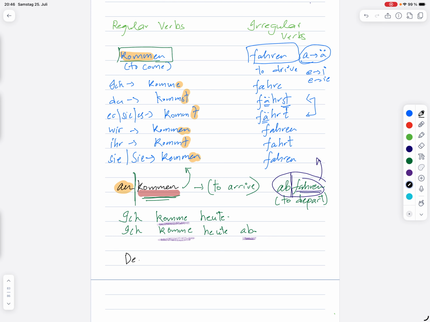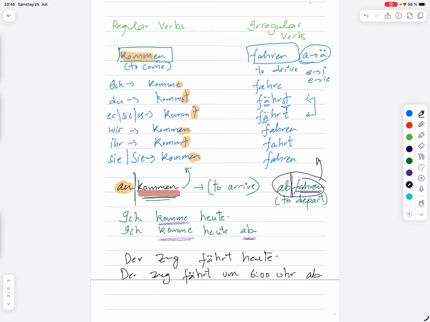So der Zug fährt heute. So this is from the first, that the train will drive today, right? So now I can do it with abfahren also, that der Zug fährt um 6 Uhr ab.